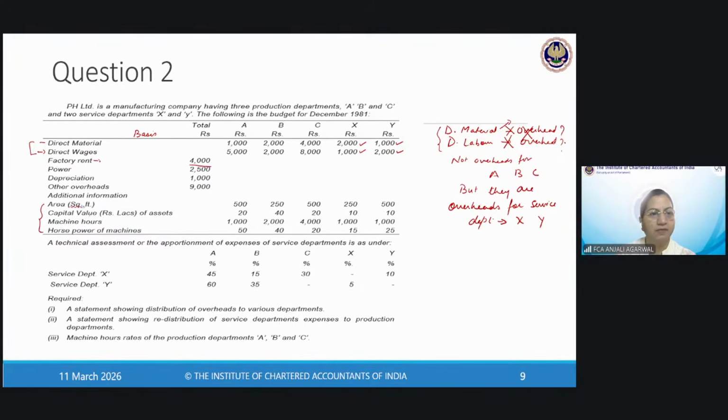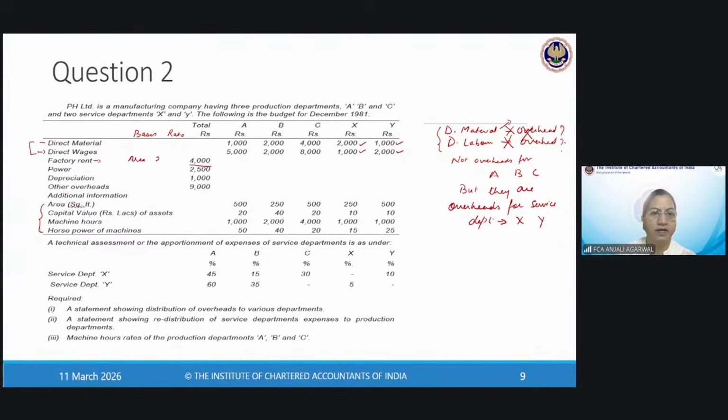So what do you think is the most appropriate logic behind distributing rent? Should it not be area? So you will write that the basis is area. And on the basis of that, the ratio comes out to be 500, 250, 500, 250, 500. So I'll call it 2 is to 1 is to 2 is to 1 is to 2.